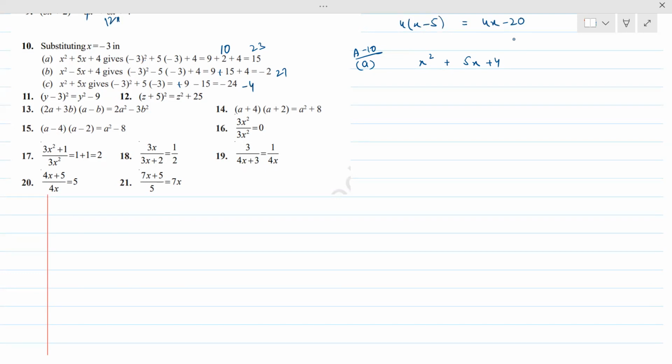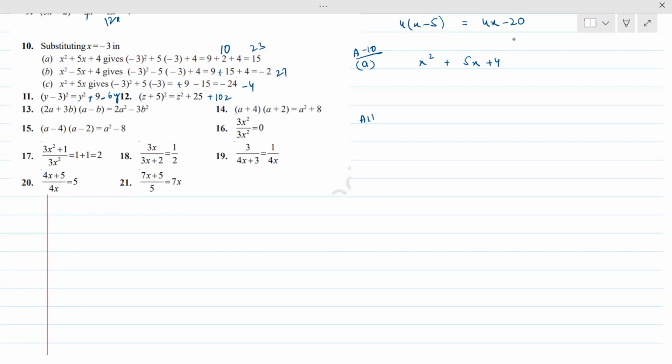Now in this, y minus 3 whole square is y square plus 9 minus 6y. z plus 5 whole square is z square plus 25 plus 10z. 2a plus 3b into a minus b, you have to do this. When you multiply this, it will not be this.